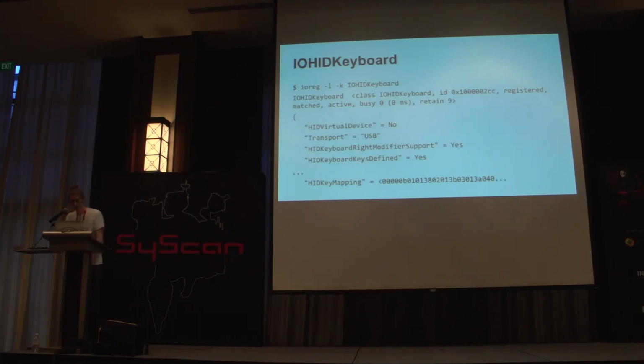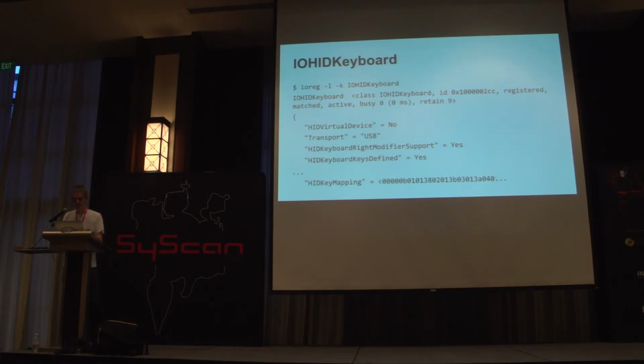There is a convenient command line tool on OSX called ioreg, which lets you interrogate the IOKit registry, and you can just dump all of the values which the IOKit registry knows about. Here's an example of asking the IOKit registry to tell us about the IOHIDKeyboard class.